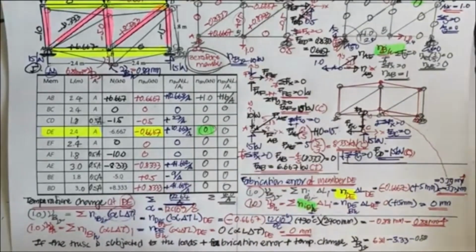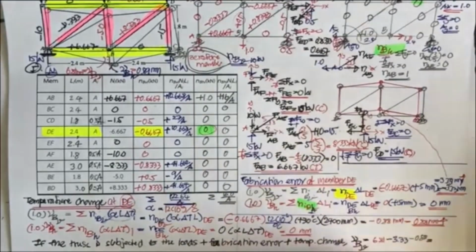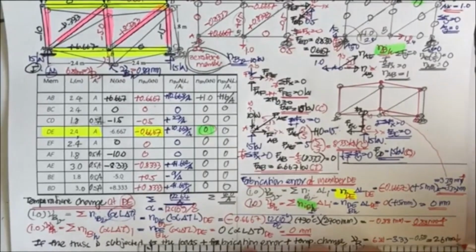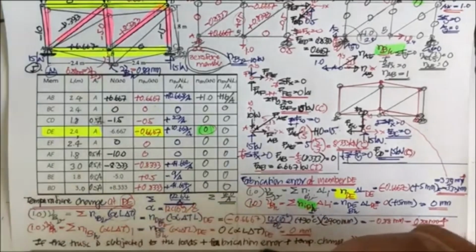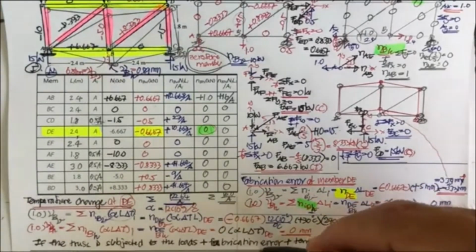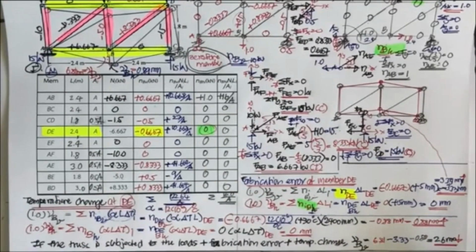So the total is going to be reduced to 2.6 millimeter downward. That means temperature change on the roof of the truss will help to reduce the deflection. That is very nice, that helps to reduce the deflection of the truss.